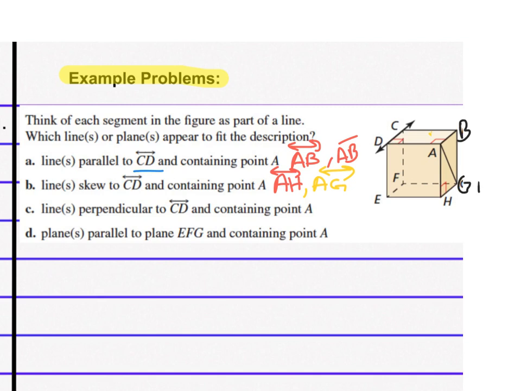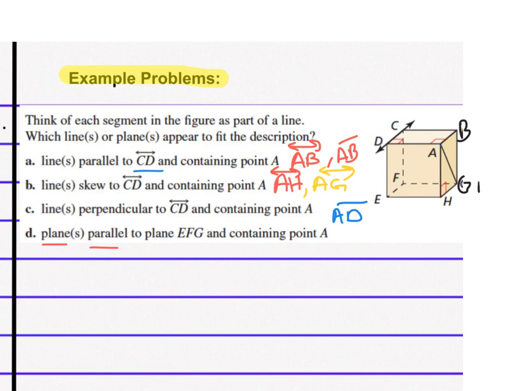All right, part C, lines perpendicular to CD containing point A. Again, here's CD. If we want it to be perpendicular through point A, it would need to be AD, or DA. Then planes, so not a line but a plane parallel to EFG. Let's see what that looks like.